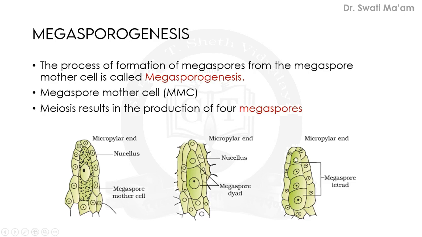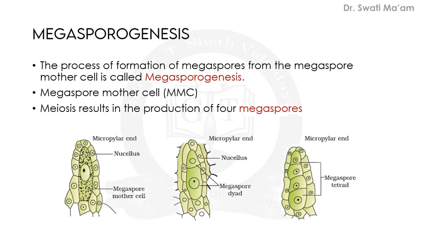So after completion of meiosis, 4 megaspores are formed, but out of these 4 megaspores only one will be active and it will further participate in the formation of our female gamete.